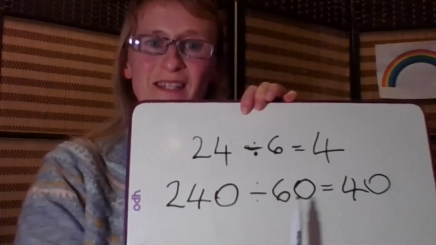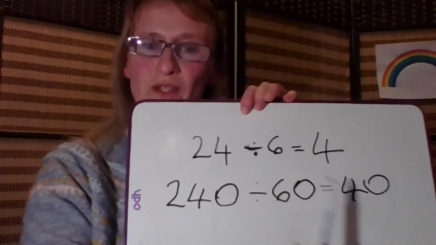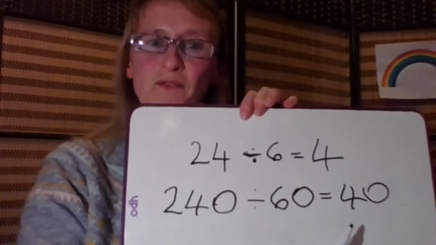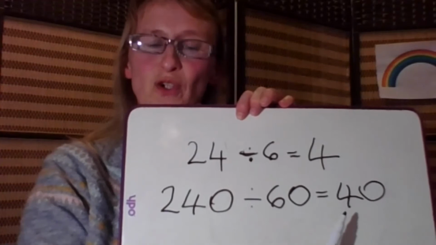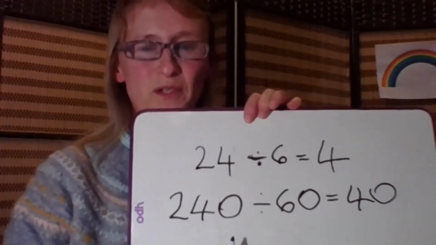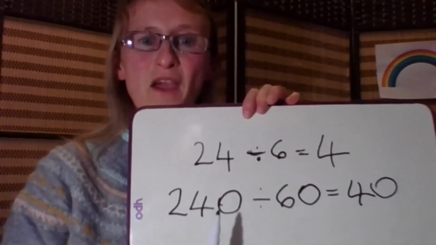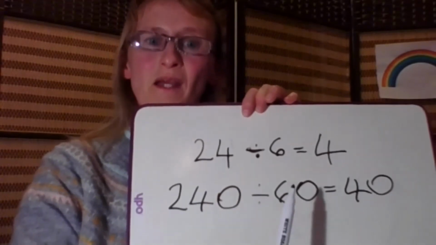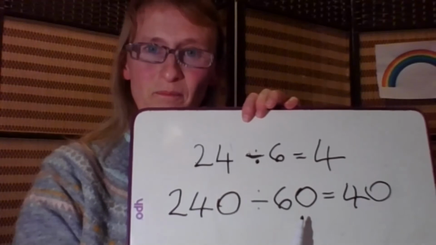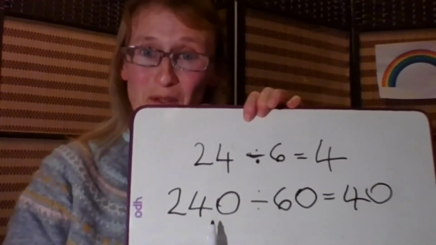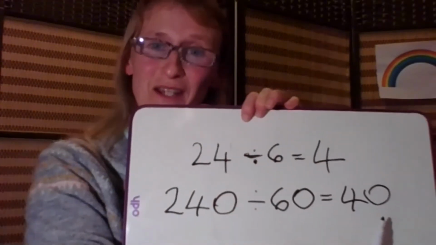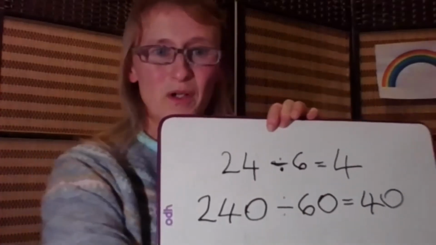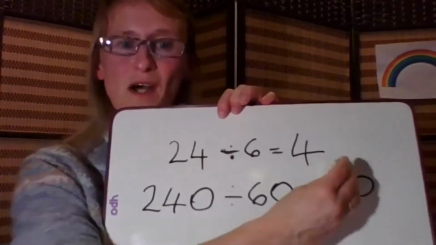There are not 60 40s in 240. 60 times 40 is 2,400, not 240. I can't make the number I'm dividing by 10 times bigger and make the first number 10 times bigger and make the answer 10 times bigger. That does not work.